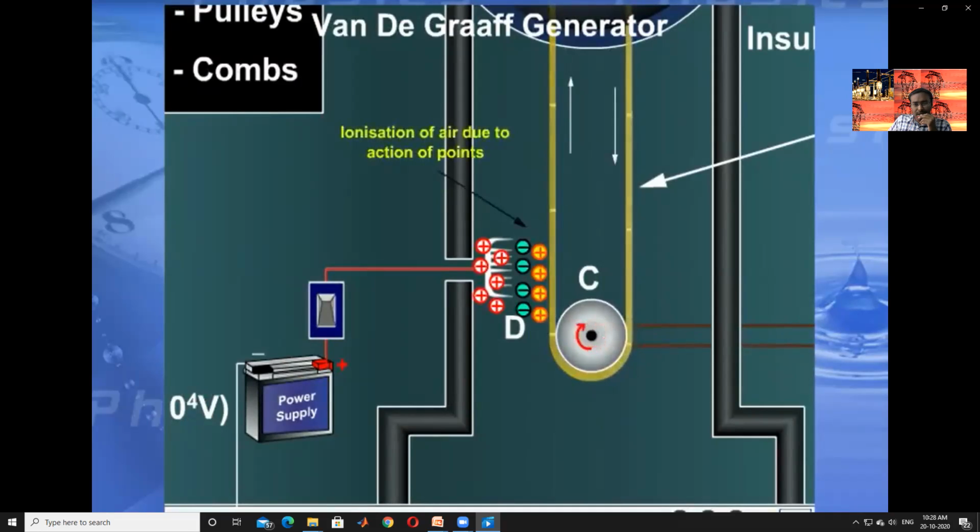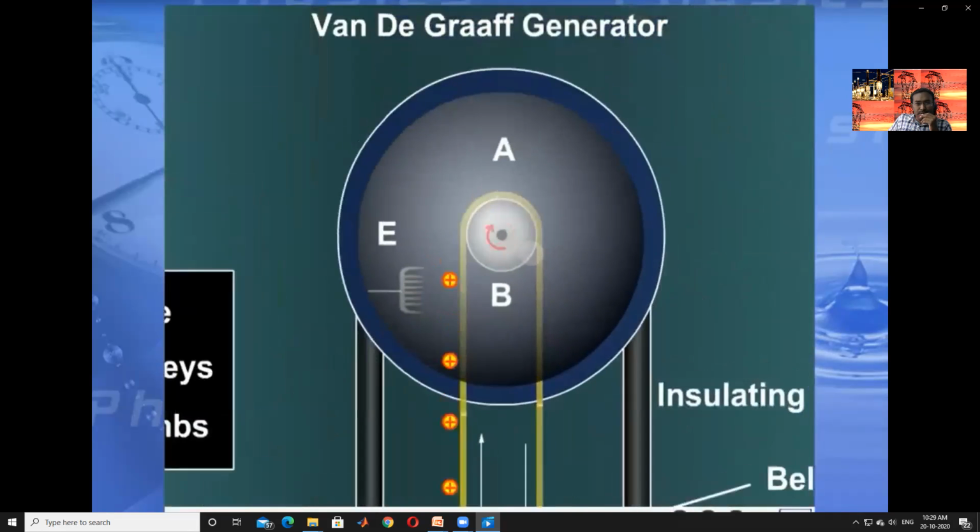The electrons are attracted towards the comb D and the positive charges are repelled towards the belt and stick on it. While the belt moves upwards, due to electrostatic induction, the comb E acquires negative charge and the sphere acquires positive charge.